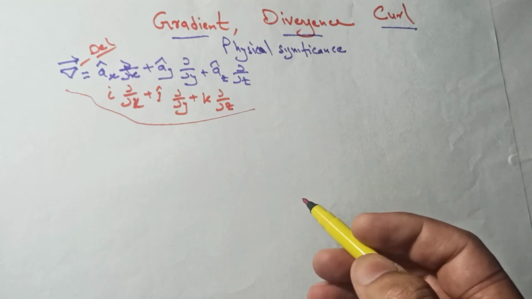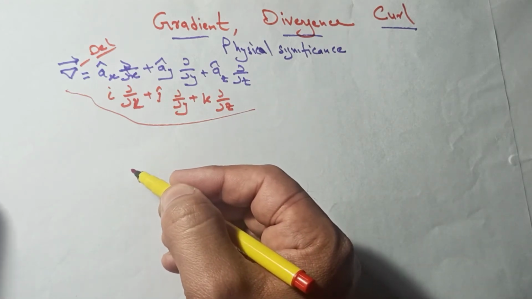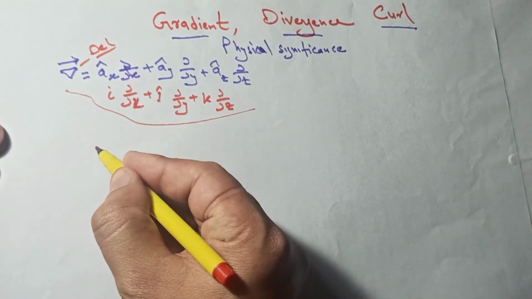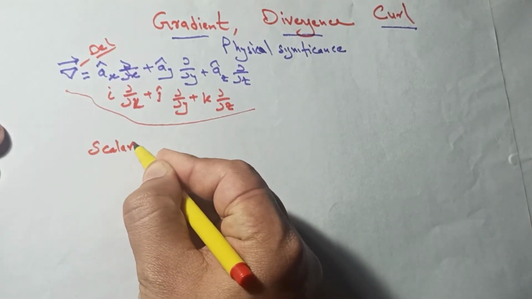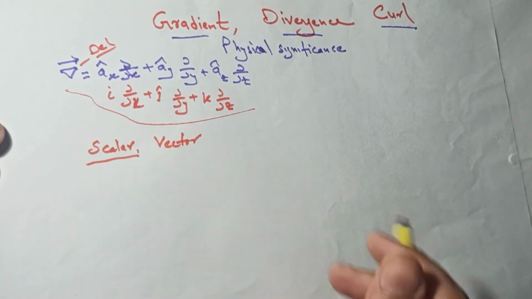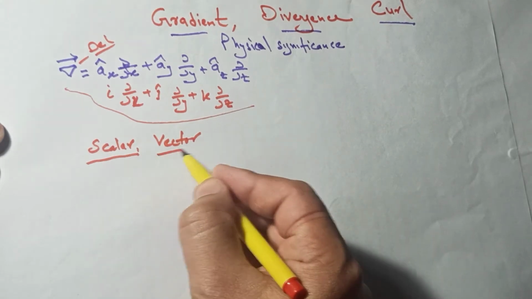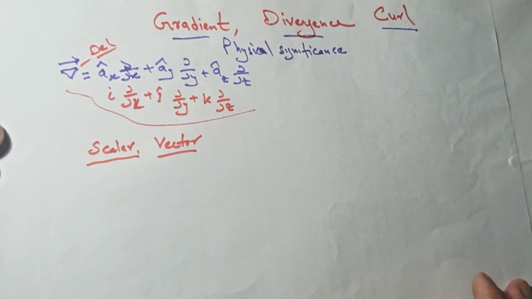Now you should also know what scalar quantities and vector quantities are. Scalar quantities only have magnitude but no direction. Vector quantities have both direction as well as amplitude.